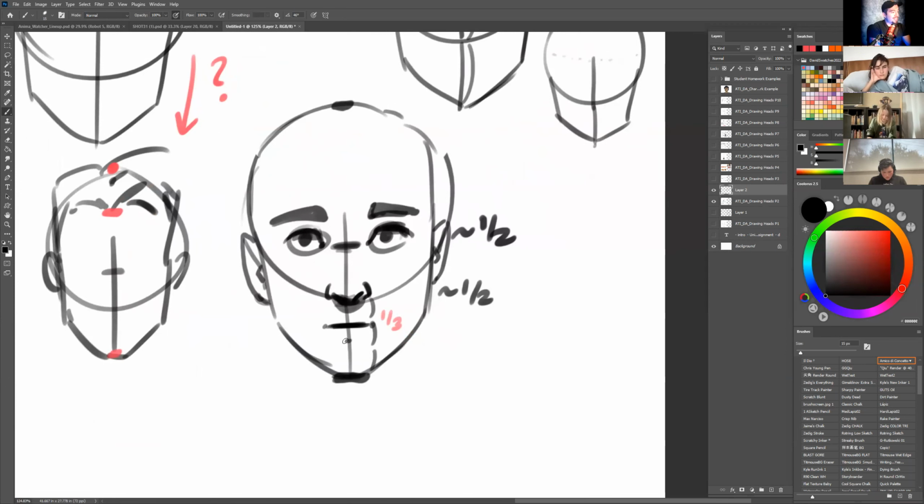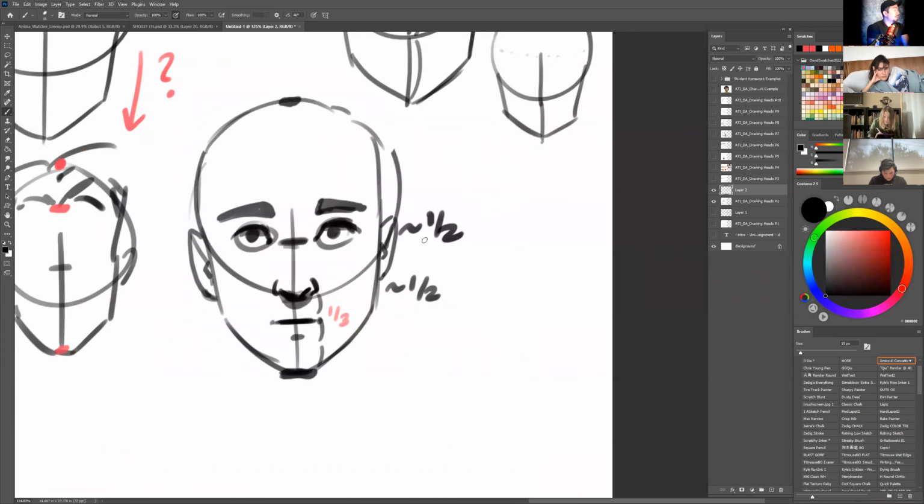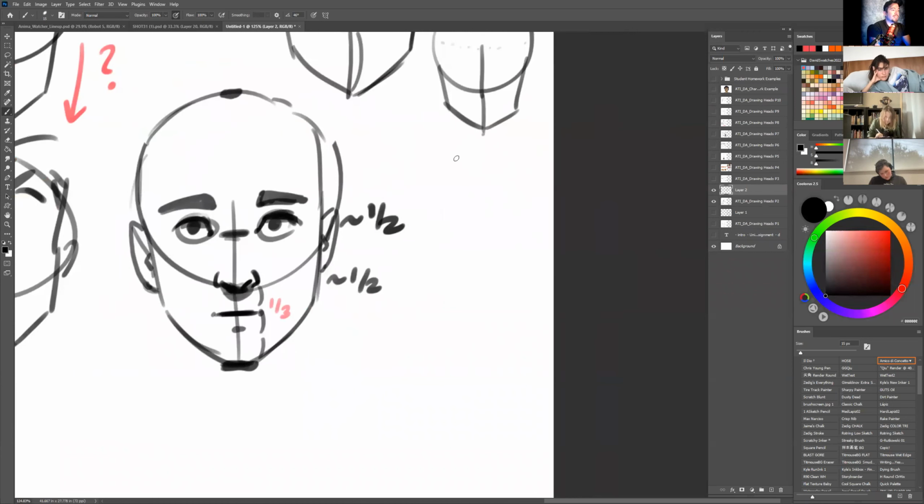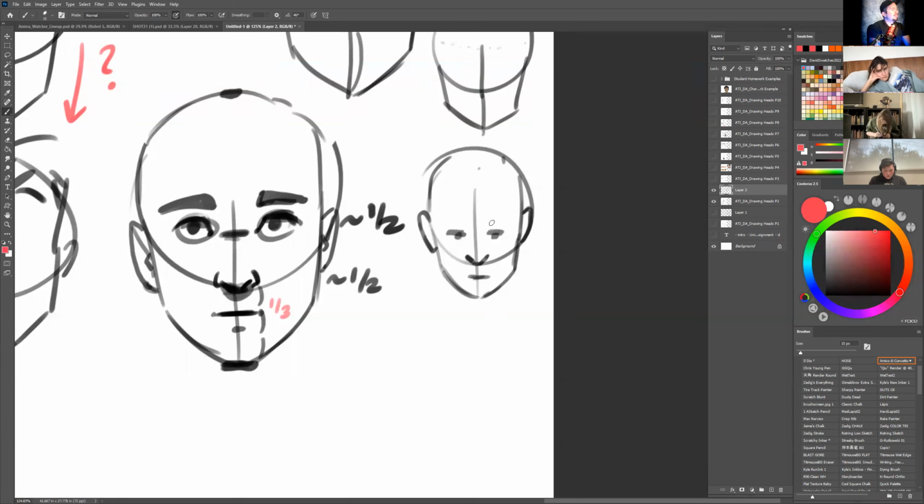As soon as you start messing with this info, you'll see the power of even something like ears, because ears do things like this. If you draw someone, and I just told you that your ear is about the bottom of your nose, so here's someone's nose. If you see something like this, where the ear is a lot higher, here's the mouth, you would say, hey man, you're totally wrong.